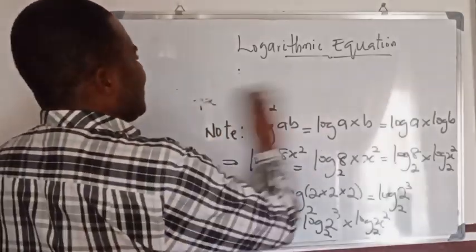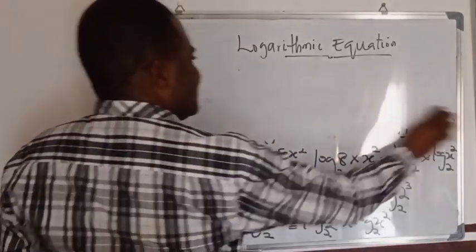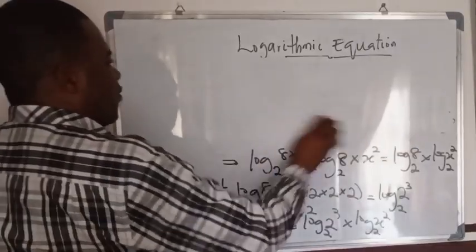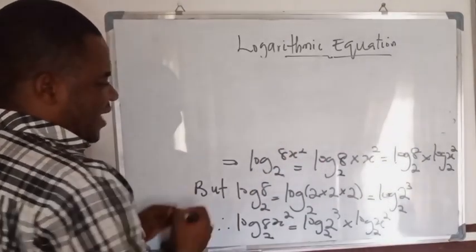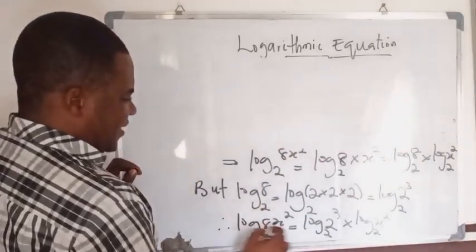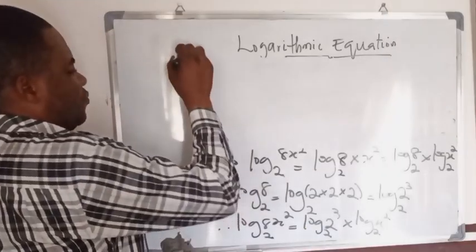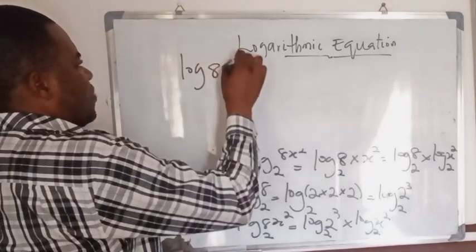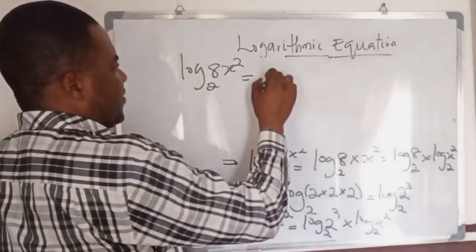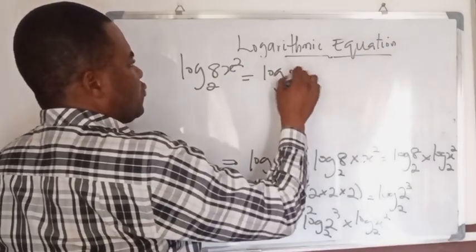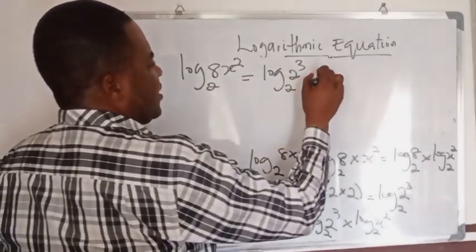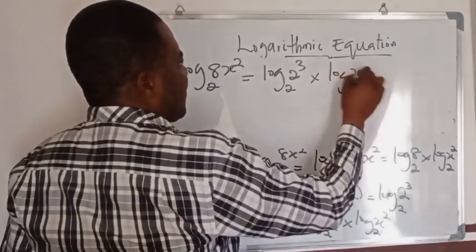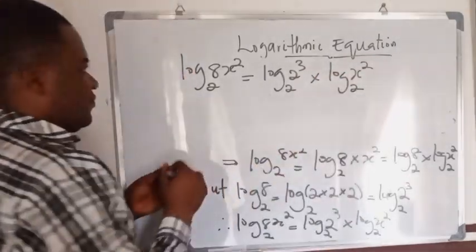Now, to solve this problem, since this is it, we bring it out. The log of 8x squared base 2 can also be written as the log of 2 raised to power 3 base 2 times the log of x squared base 2.